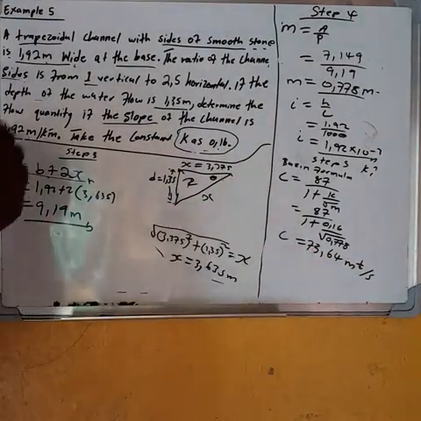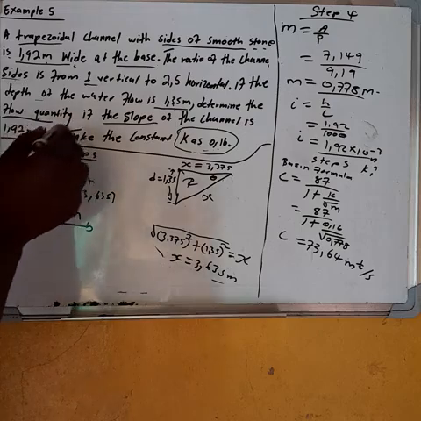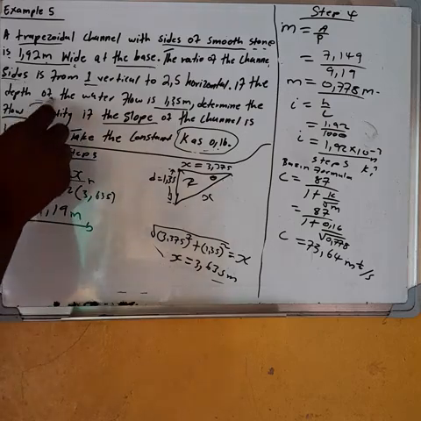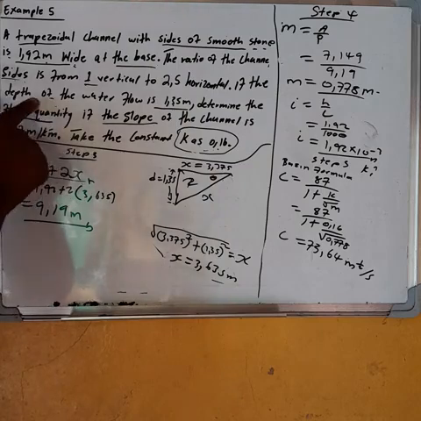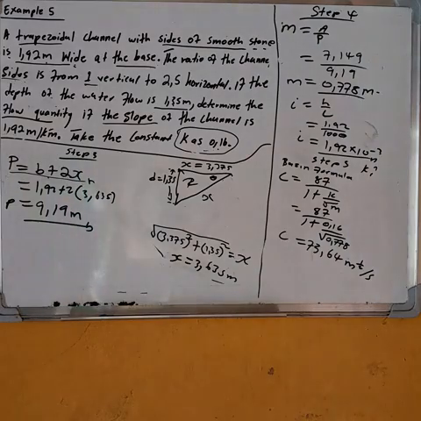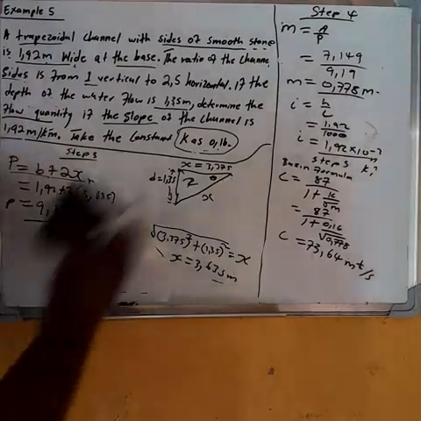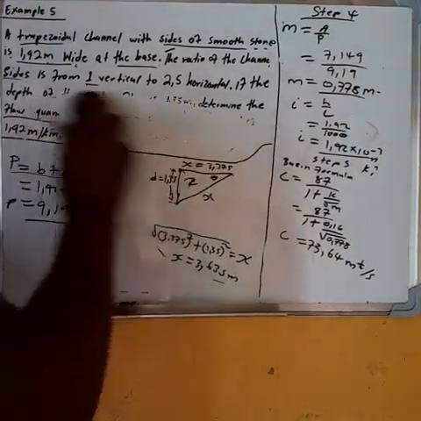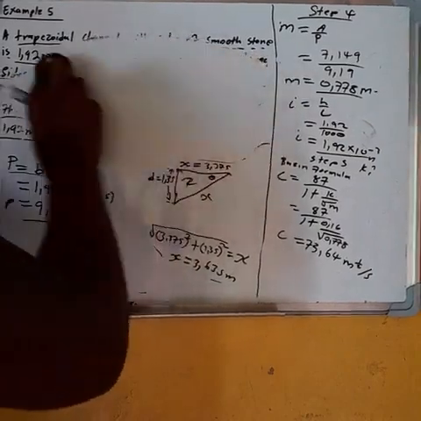What do they want here? The flow quantity, which means Q. The Q here is the rate of flow. It's what they really want. So since they want that, let me erase here.